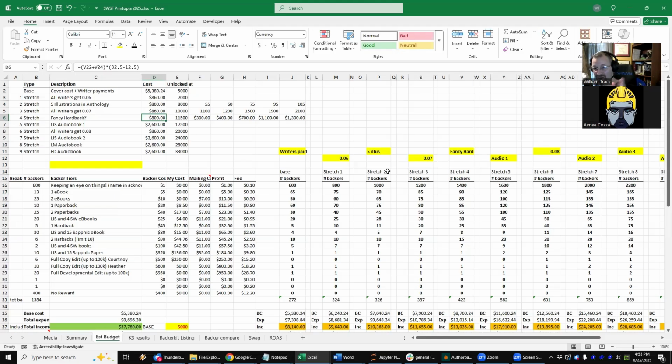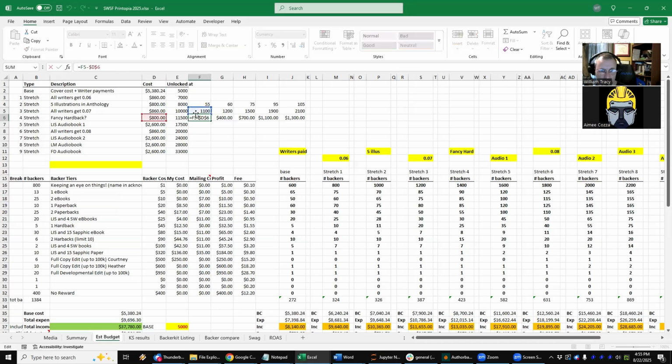Now, what this means is if I hit other stretch goals after that, I need to include the difference from people continuing to back hardbacks, and they're probably going to back more now that we know we're getting a fancy version of it. So all this stuff out here is sort of a custom thing I've put together, where this is the cost for it.